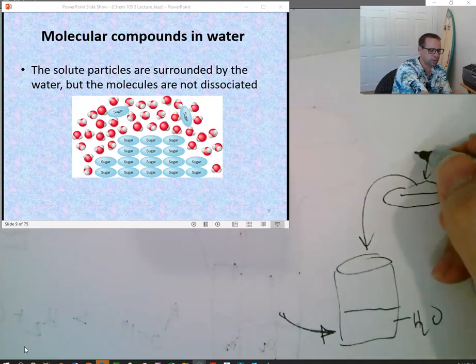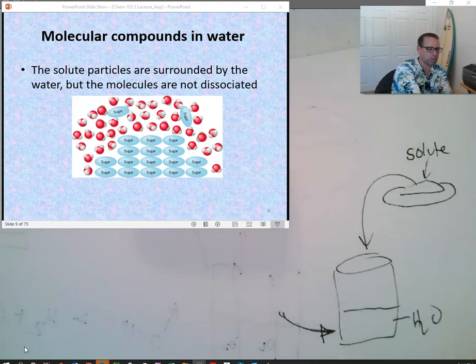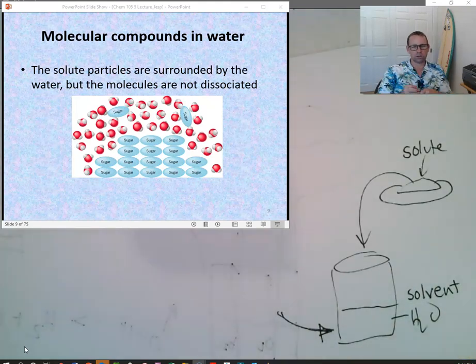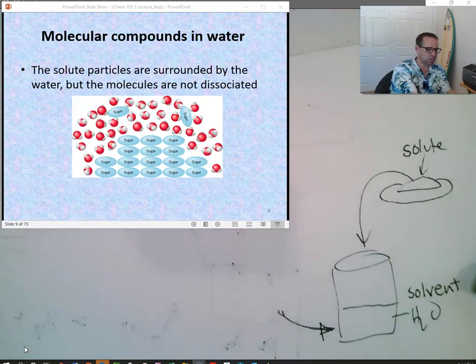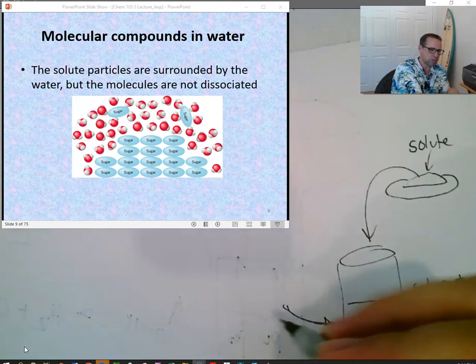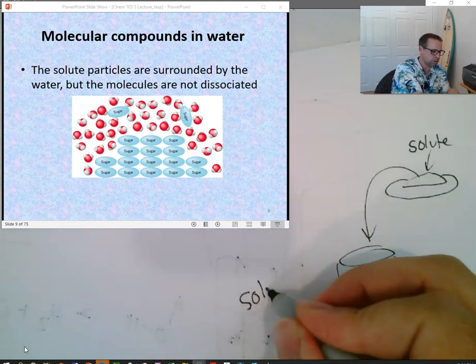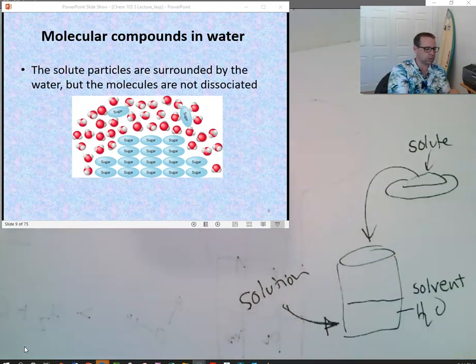Do you remember? Solute. Very good. And what was the water called? Solvent. That's right. We have the solute and the solvent. Excellent. And what do we call the mixture? It's a solution. A solution is a mixture between the solute and the solvent.